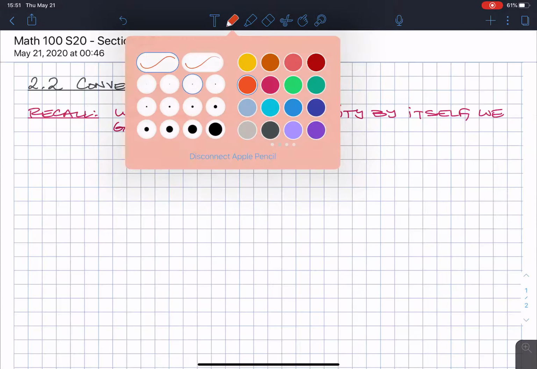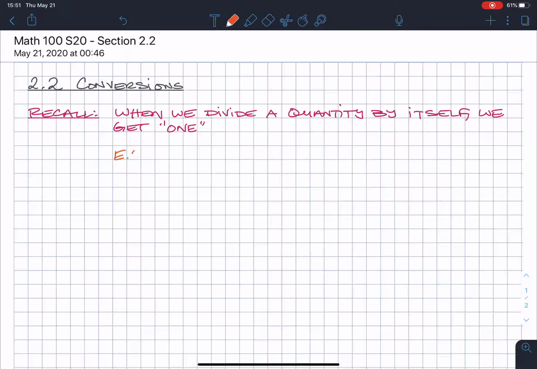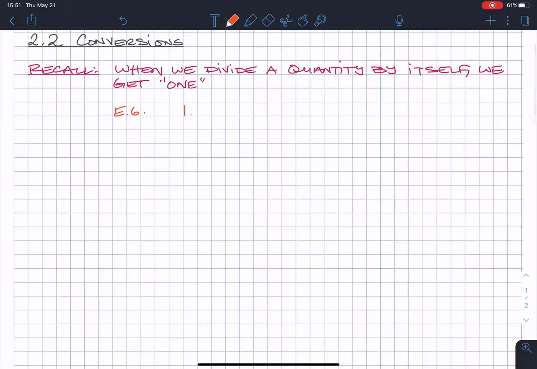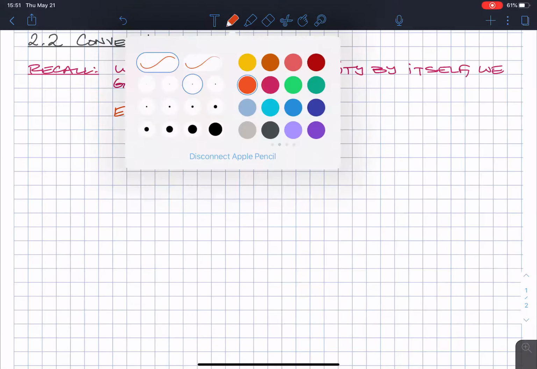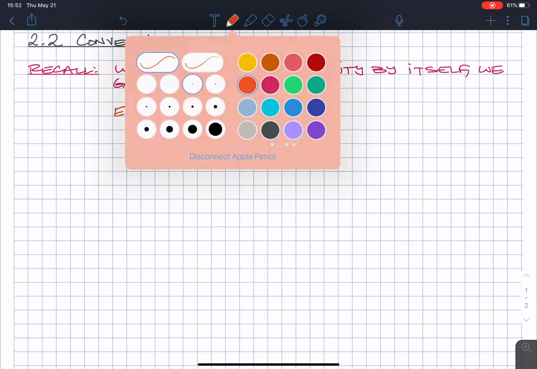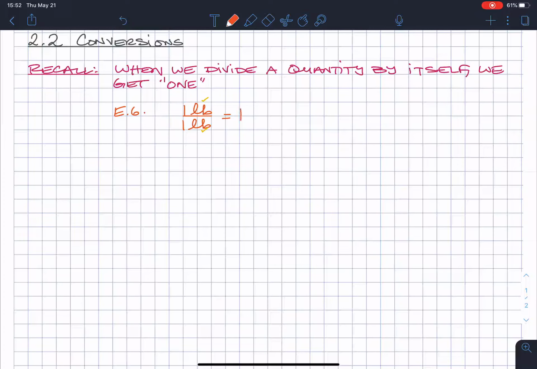Okay, so for example, what do I mean by that? If I have, say, 1 pound divided by 1 pound, and it doesn't even need to be 1, it could be 15, but the units of pound reduce, and I'm left with just the number 1.